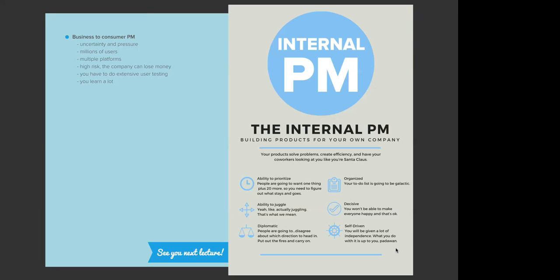So some of the characteristics of an internal PM is being able to prioritize. Number one, you have to be organized. You have to be able to juggle multiple conflicting priorities, and you want to be decisive, be able to make a decision, because you cannot satisfy the whims of all your stakeholders.